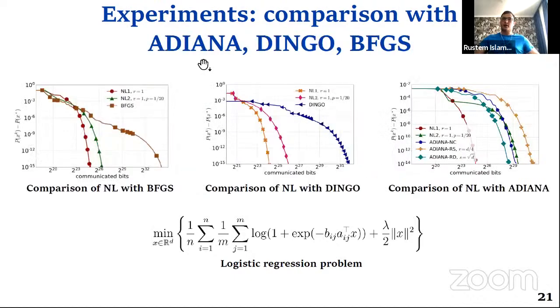We also compare our methods with existing state-of-the-art algorithms in distributed optimization. This is accelerated Diana, which uses Nesterov momentum and the Diana trick that was mentioned before. Also Dingo, the best second-order method in distributed optimization. And we also compare with BFGS, in order to compare with a quasi-Newton method.